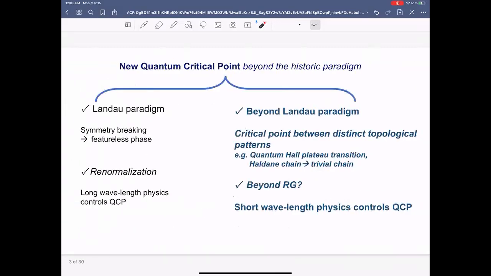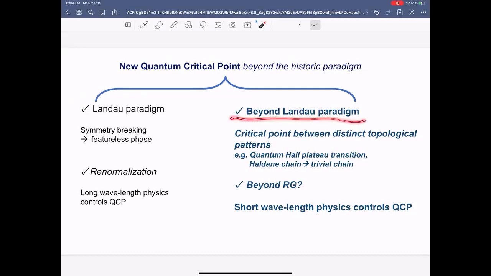And today, I will talk about a new type of quantum critical point that is beyond such historic paradigm. The historic paradigm emphasizes that most phase transitions correspond to the Landau type phase transition, where everything can be written in terms of a fluctuating local parameter, and parameter condensation gives rise to the phase transition.